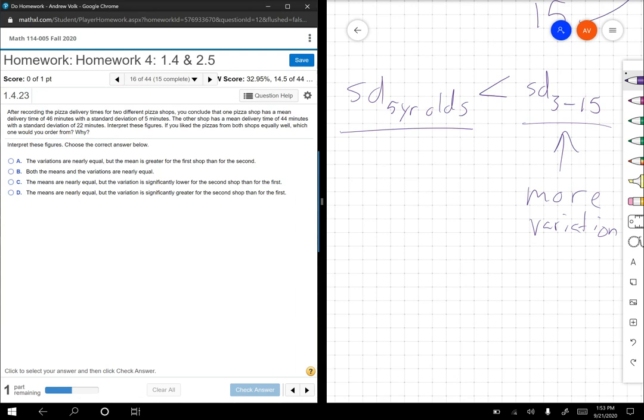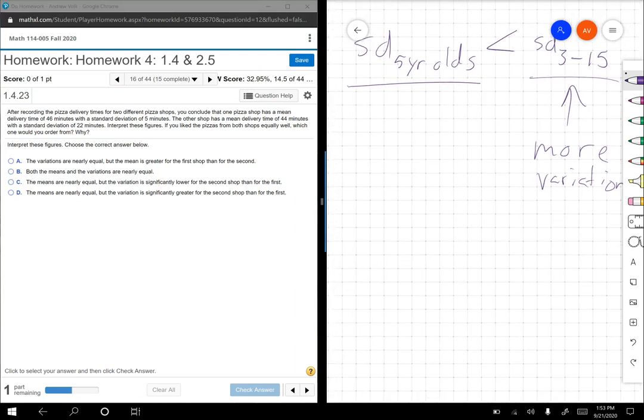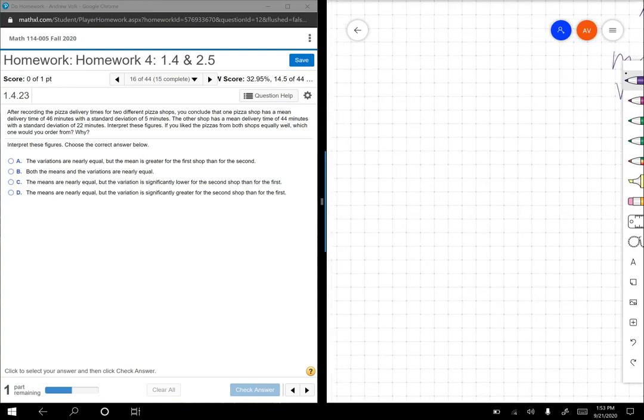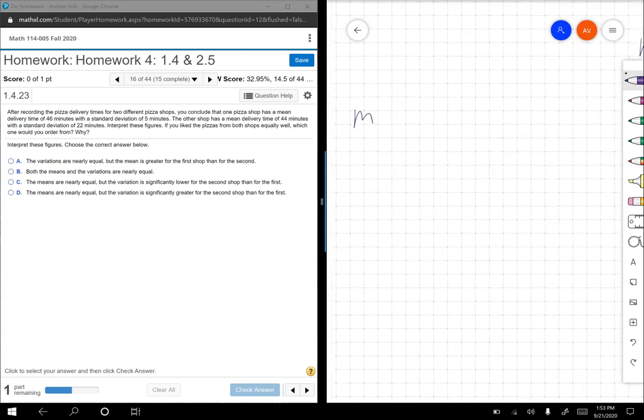Number 16. After recording the pizza delivery times for 2 different pizza shops, you conclude that one pizza shop has a mean delivery time of 46 minutes with a standard deviation of 5 minutes.